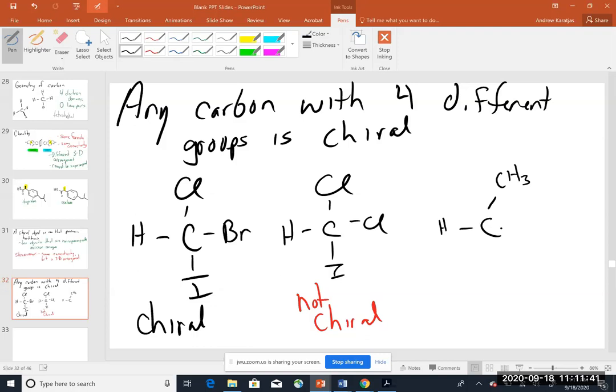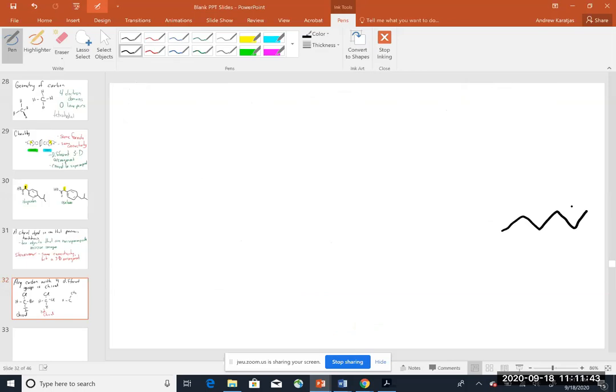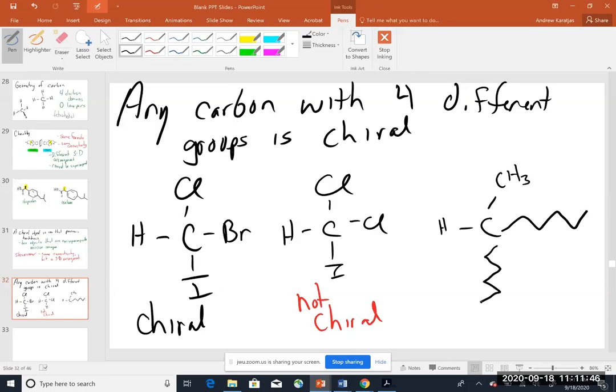So is this molecule chiral? We have a hydrogen, which is clearly different from the other 3 groups, which are all carbons. We have a 1 carbon group. We have a 5 carbon group. And we have a 7 carbon group. Those are different. And so because those are different, that means this is chiral.